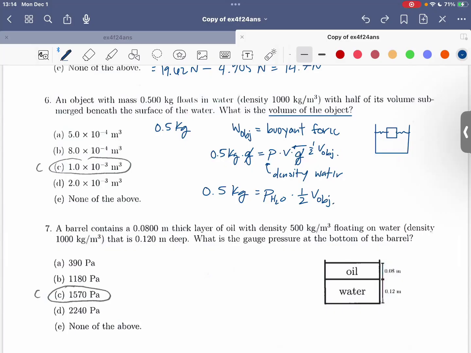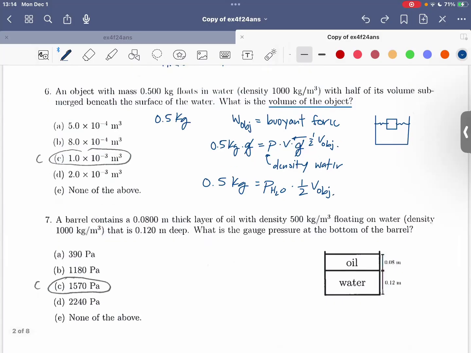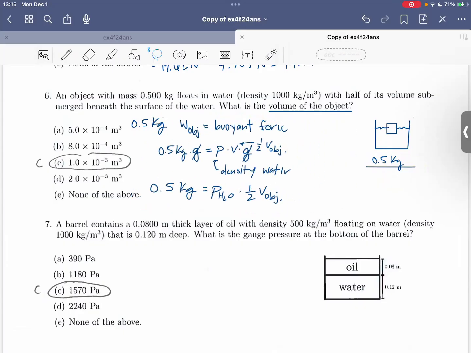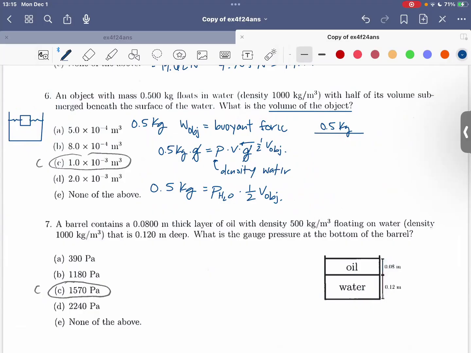And so we can solve from here and say 0.5 kg over the density of water, which is 1,000 kg per meter cubed, would be equal to 1/2 volume object.